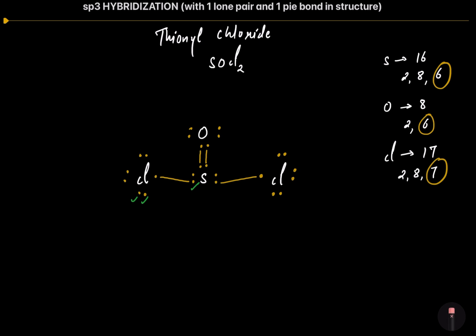Now let's talk about this second chlorine. I'm going to count the valence electrons of the second chlorine after the formation of one bond of chlorine with sulfur. So that's our first electron, the second, the third, the fourth, fifth, sixth, seventh, and the eighth. That means second chlorine has also attained the 8 electrons in its valence shell after the formation of one bond with sulfur.